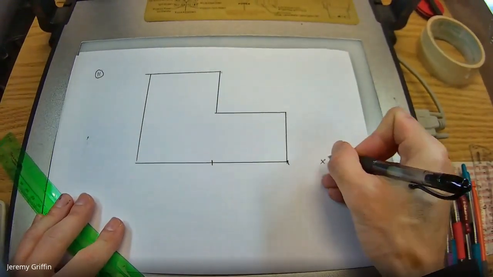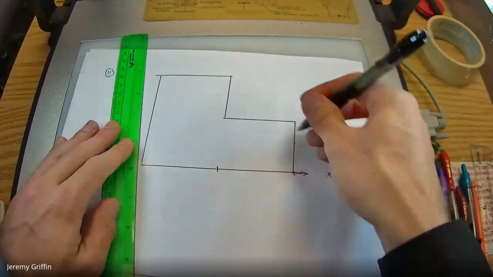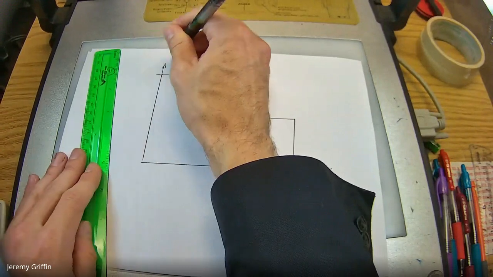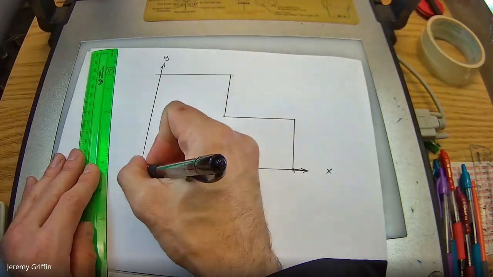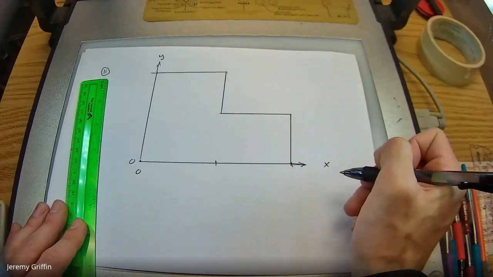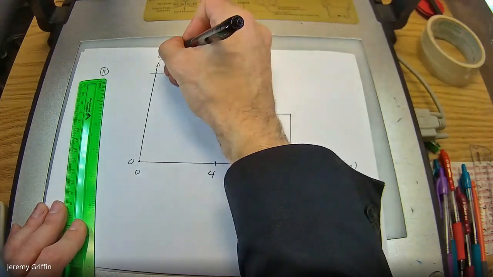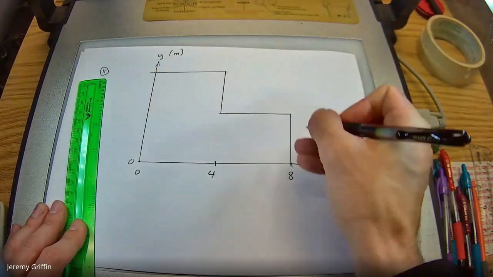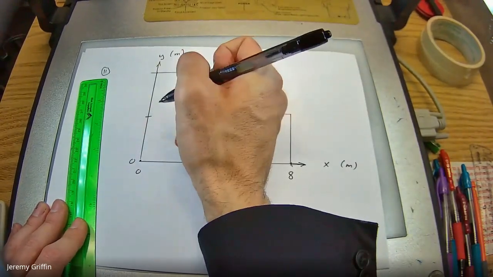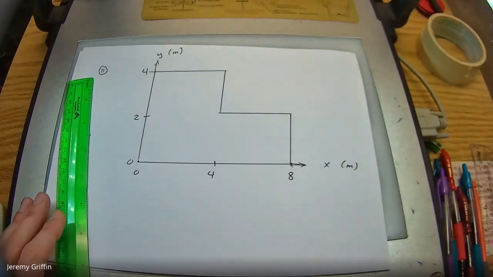Give us an x-axis, the y-axis. Here's the point 0, 0, the origin point right there. So this is 4 meters, this would be in meters, 4 meters, 8 meters. Then this is 2 meters, 4 meters. Go ahead and use the book values here.